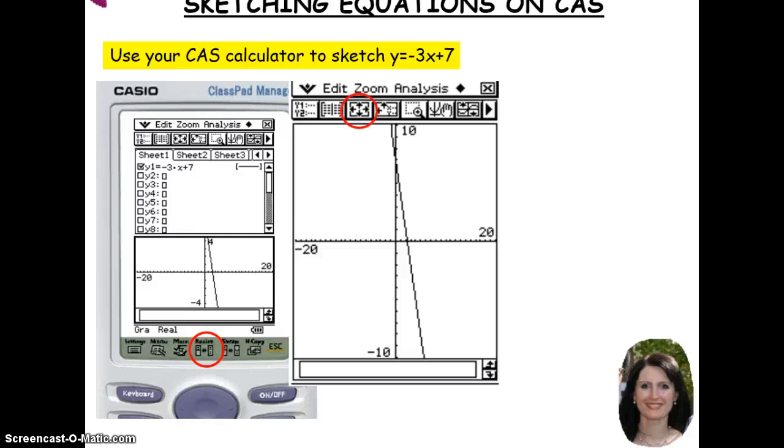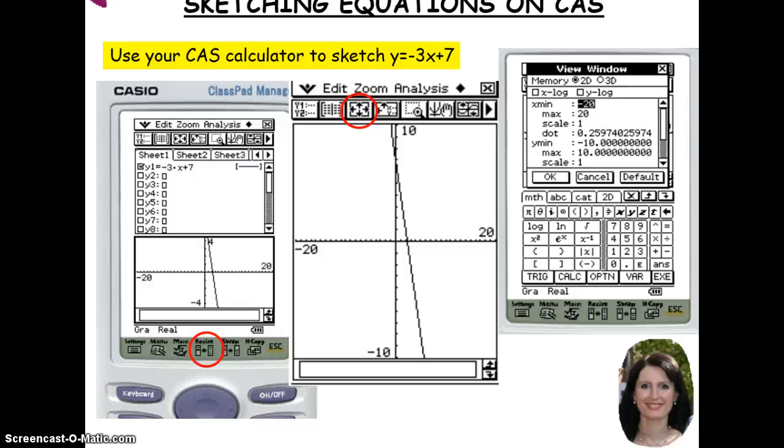If you still can't see, say that your y-intercept was at 23 and your y only goes to a maximum of 10. You would click on that thing there with the arrows, and that takes you to a screen like this. In there, you can change your minimum and maximum y values. Here I've got it listed, minimum x is -20, maximum is 20.